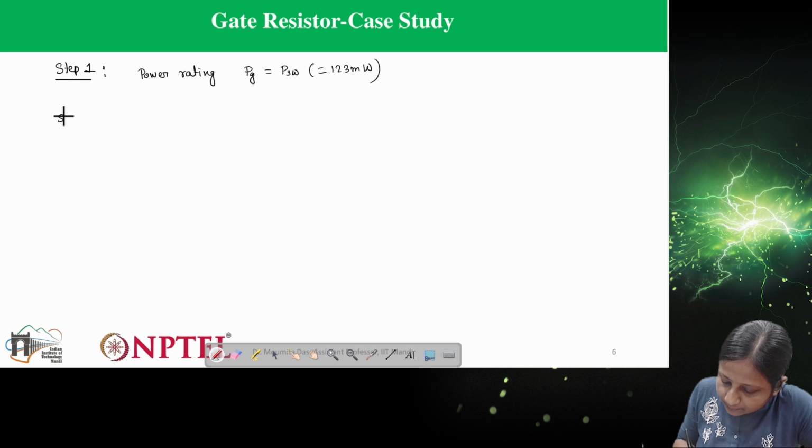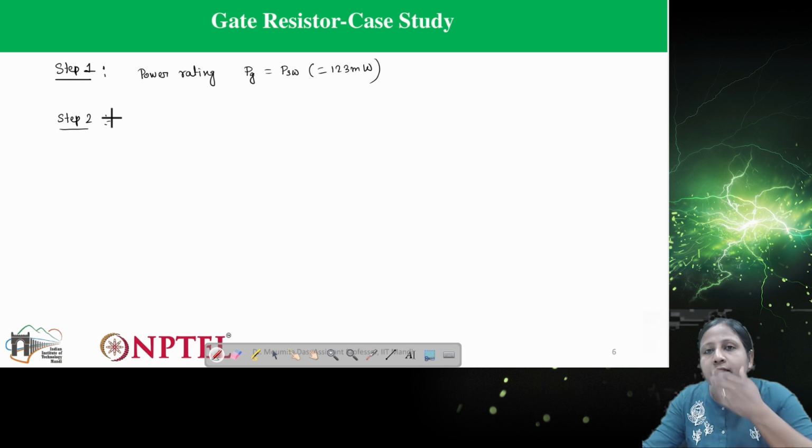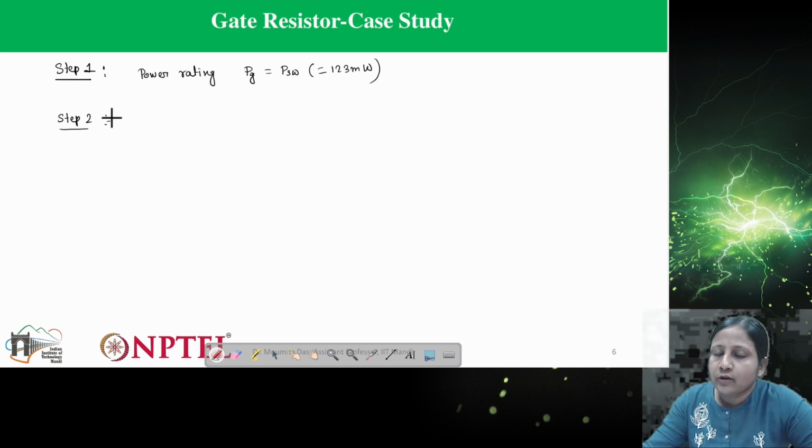Now step 2 is that we can consider different values of the external gate resistance and see the dynamic characteristics for the device under test.